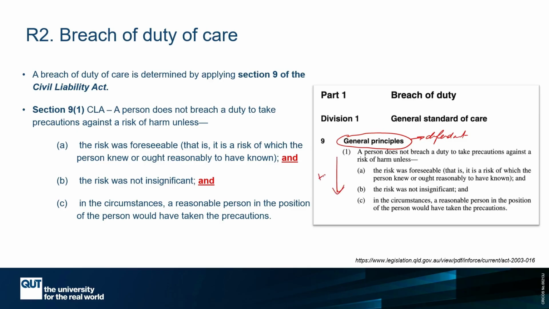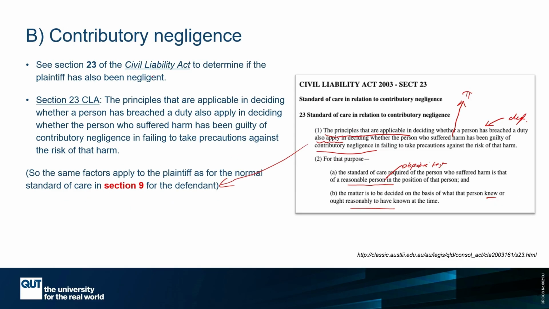So this becomes the test for both breach and contributory negligence, including, of course, Section 9.2, which tells us what a reasonable person would have actually done. Okay, so hopefully that makes sense. Section 23 of the CLA says apply the principles that are in Section 9 when you want to judge someone who is guilty of contributory negligence.